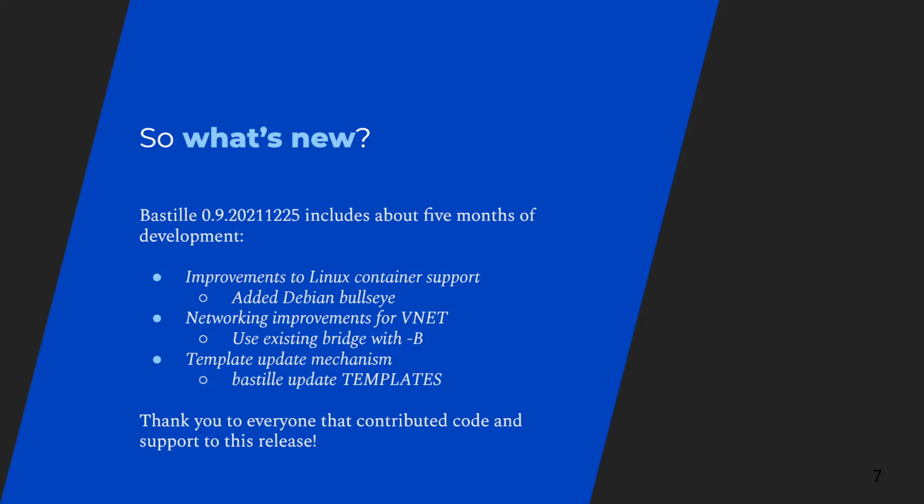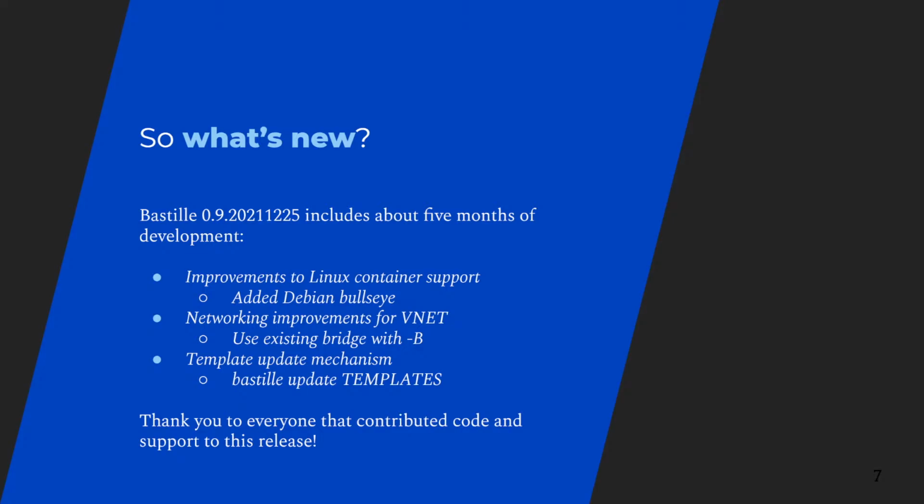So the time in between now and then. So we've added improvements to the Linux container support. We added Debian Bullseye since the last release. The previous versions were already supported before. We fixed those up a little bit, improved it a little bit, and then also added Debian Bullseye.